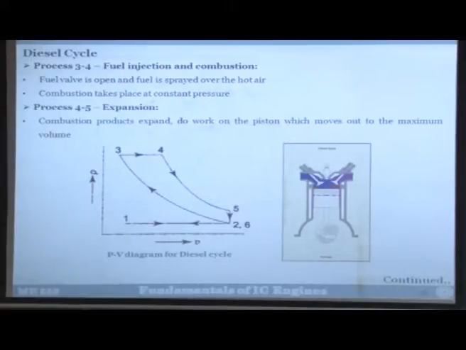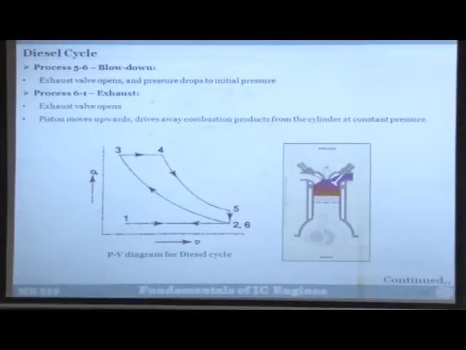The combustion products expand, do work on the piston which moves out to the maximum volume, and then exhaust blow down. The exhaust valve is opened, pressure falls to the minimum level or the intake level, and then you are pushing the exhaust gases out physically by the movement of the piston.